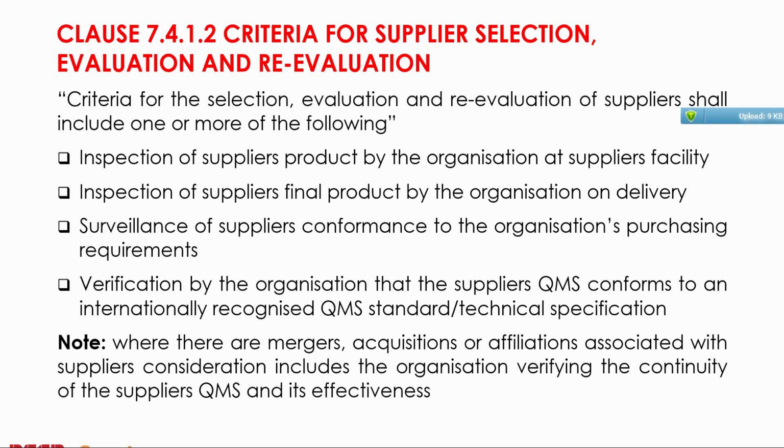For example, how often were goods delivered on time to the correct spec? What problems are being experienced in the production lines? All that needs feedback so that you constantly improve the quality of the supplier, the raw materials.